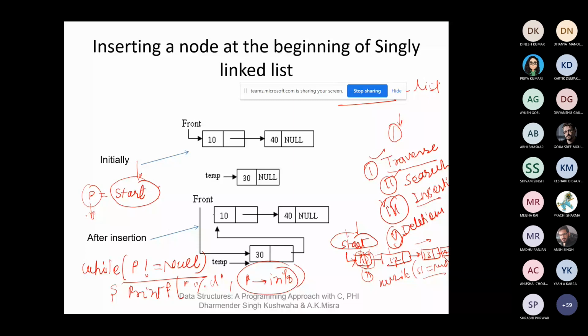So again p arrow link. So now we are changing again and again from 11 to 12, 12 to 13, 13 to 14, till the pointer contains the value of null. In this way, we can traverse all the nodes in a list.